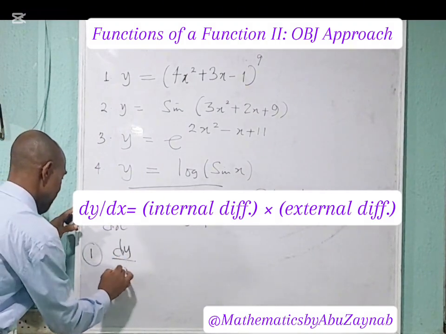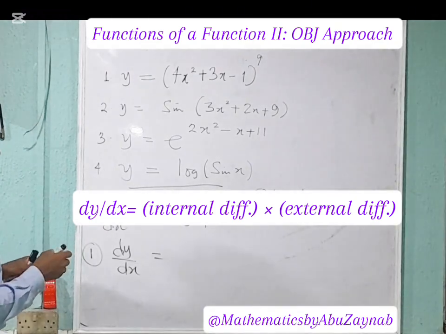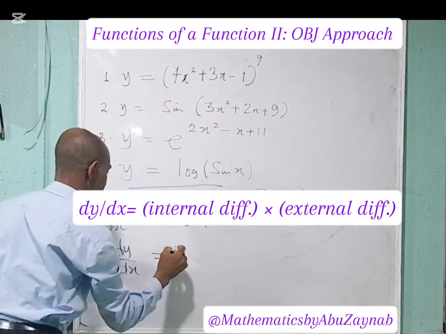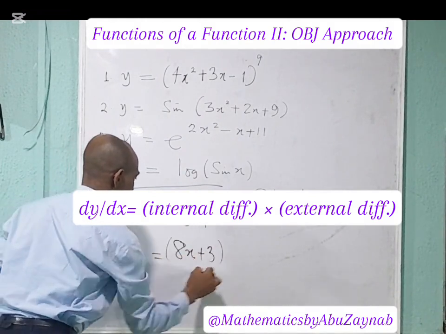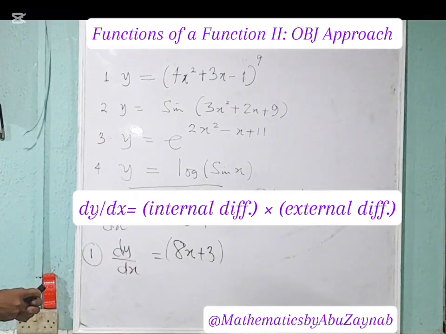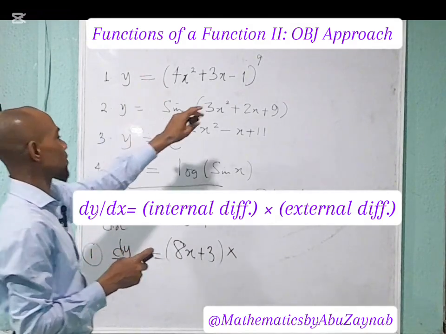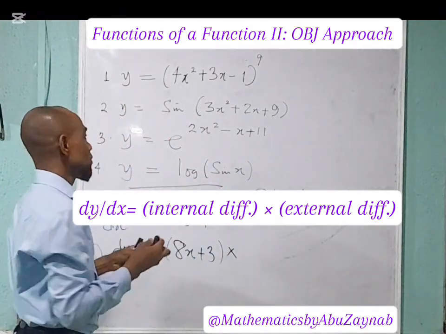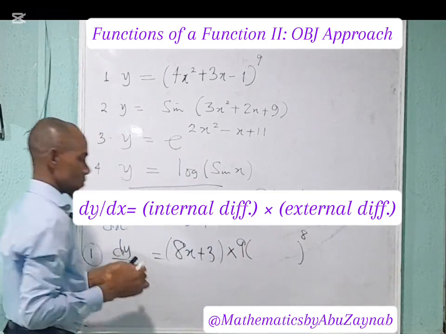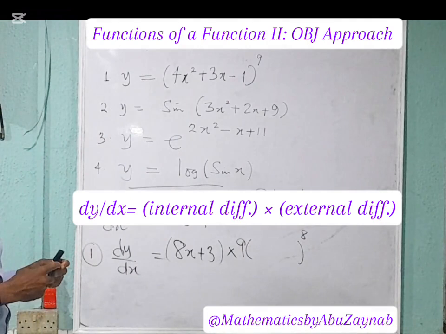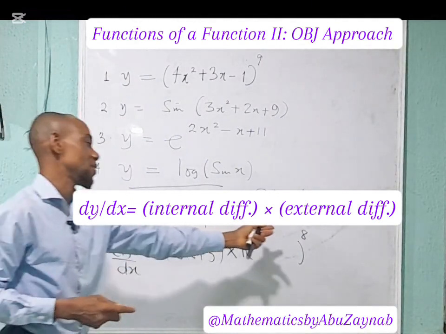We have dy/dx. The content of the bracket is to be differentiated, and that gives us 8x plus 3. That's the content of the bracket, differentiated. Now multiplied by, let's ignore the internal part and differentiate externally. That gives us 9 bracket, power 8, as though it's just a single letter. As if we have x to the power of 9, that would be 9x to the power of 8.